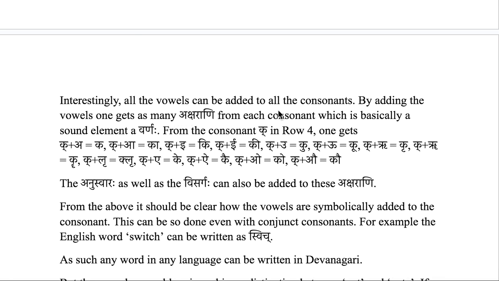Interestingly, all the vowels can be added to all the consonants. By adding the vowels, one gets as many aksharani from each consonant, which is basically a sound element of varna.